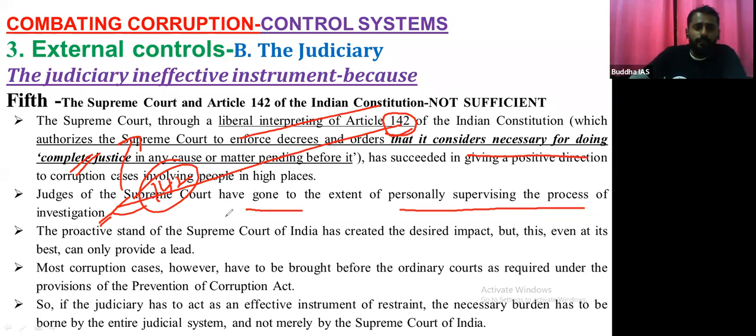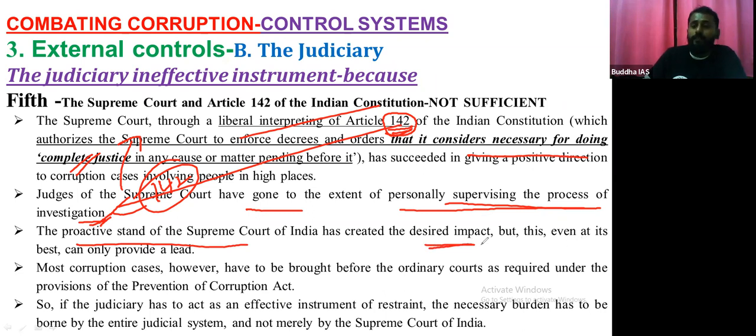The judges have gone to the extent of personally supervising the process of investigation under Article 142 because they feel that these things are necessary for complete justice. The proactive stand of the Supreme Court of India has created the desired impact, definitely.